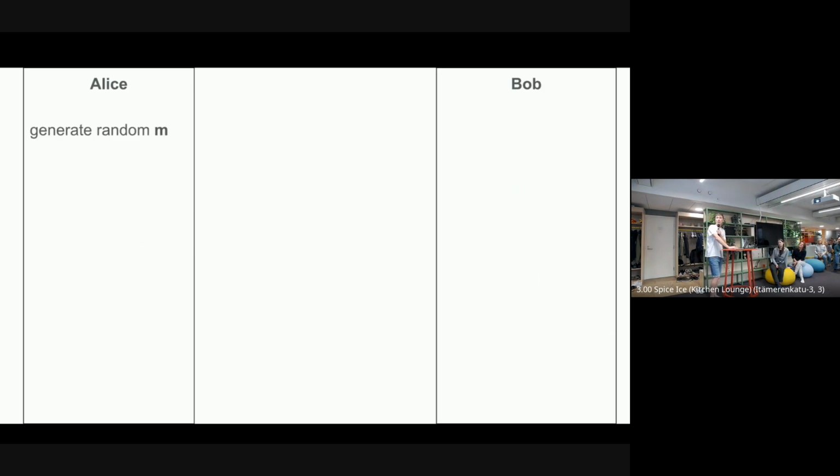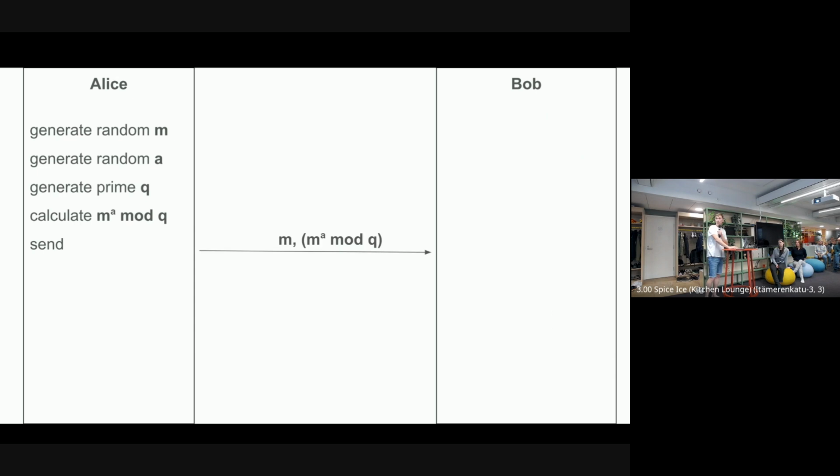So the full algorithm now looks like this. We generate some random A, we generate some power, Alice generates A, and we also need to generate our modulus, and it has to be prime. Alice calculates this expression, so she raises to the power, but she has to mod it and sends it. And now we send it modded, so it's not possible to do the binary search algorithm.